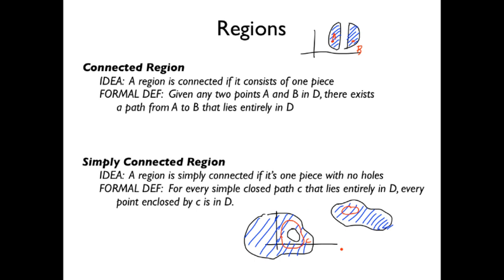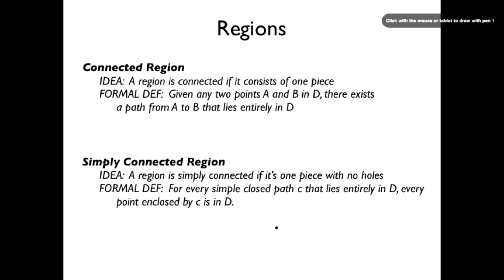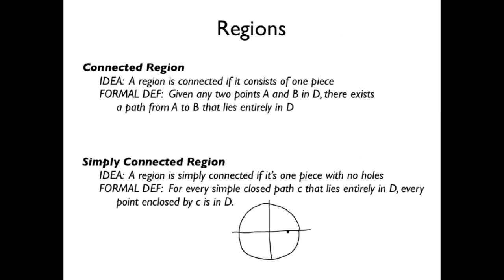Okay, so what does this mean for Green's theorem? Let's talk through an example like this. This is radius 1, radius 2, it doesn't matter.